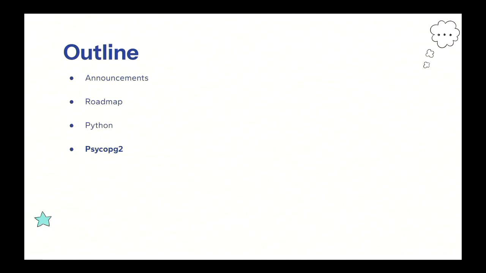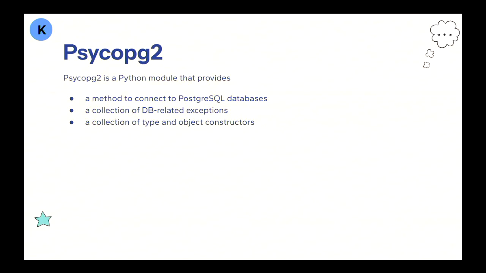And now let's learn psycopg2. That's the Python module you will be using for your assignment 2. psycopg2 is a Python module that provides a method to connect to Postgres databases. And it also has a collection of DB-related exceptions, because as you have done your assignment 1, you must have encountered a lot of exceptions when you write your code, right?